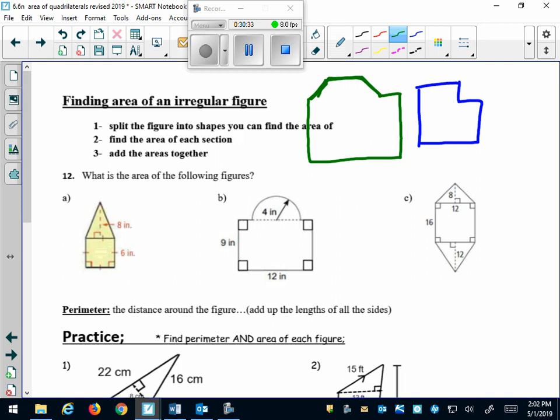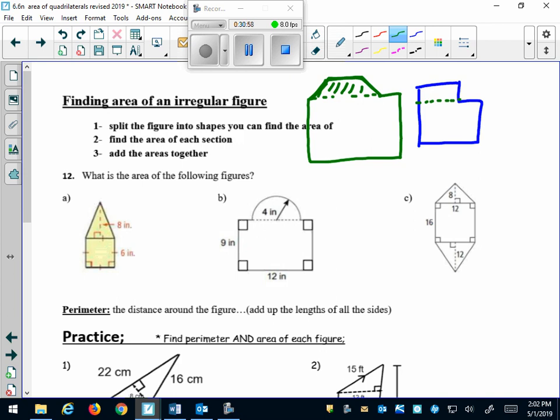But how, without a formula, okay, so you're saying you would do this piece separate from this piece? Okay. Basically, that's what you have to do. You have to separate things into pieces that do have formulas.